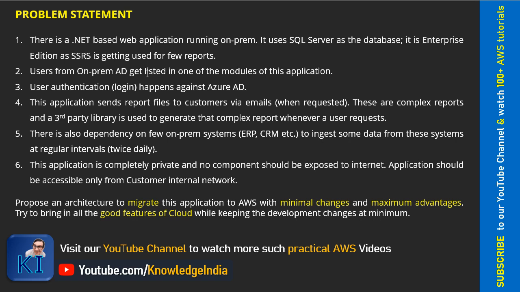The next is that the application sends report files. These are complex Excel report files sent to customers via email when requested. They will request, and once they request, they will be able to get the report in their email, and this application is going to send it. Now, these are complex reports, and hence some third-party libraries get used.